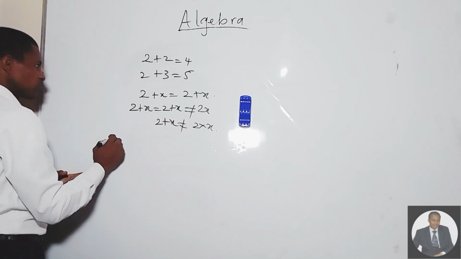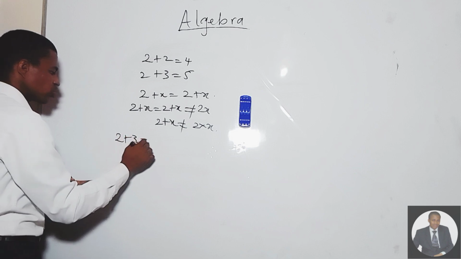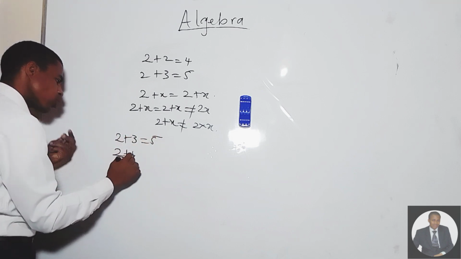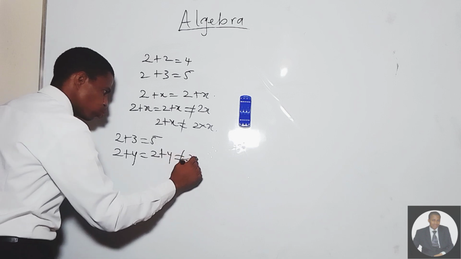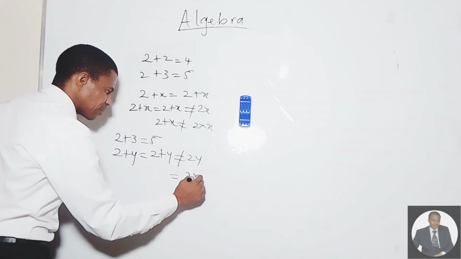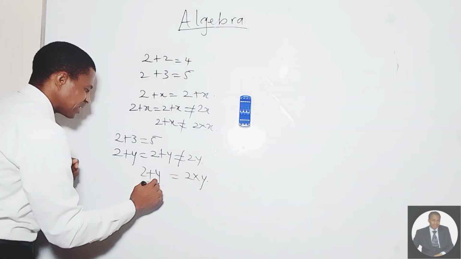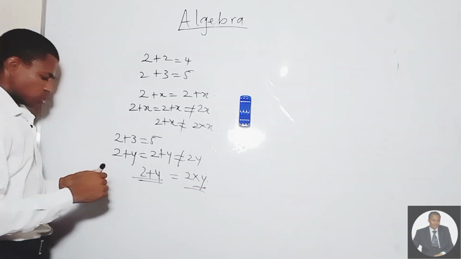In the same way, if we say 2 plus 3 equals 5, then 2 plus y equals 2 plus y, and not 2y. 2y is 2 times y, while 2 plus y remains as 2 plus y.